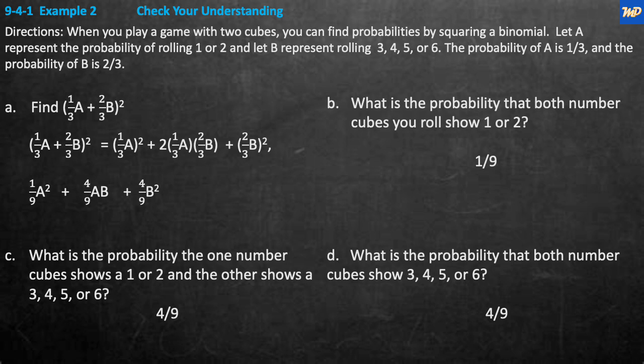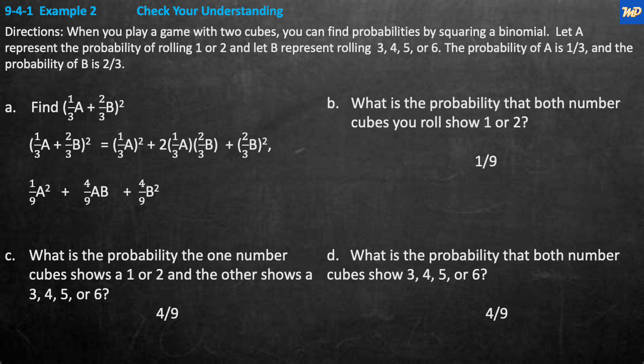Right away, the problem is different than what they gave us. It's not a quarter and a quarter or a half and a half. It's when you play a game with two numbered cubes, 1, 2, 3, 4, 5, 6. You can find the probabilities of squaring a binomial, and we're going to talk about it. So let A represent the probability of rolling a 1 or a 2.